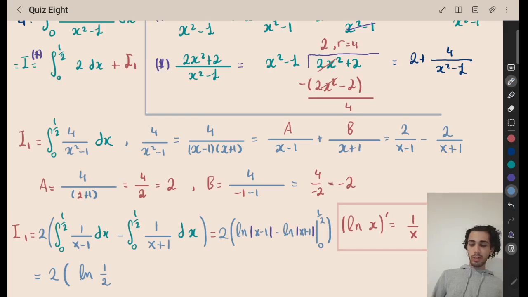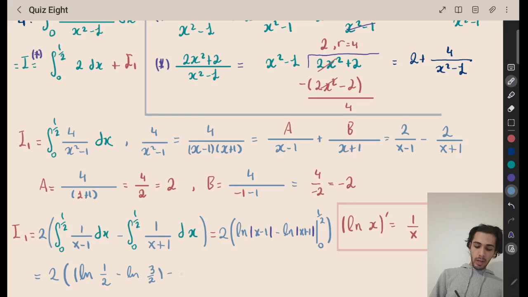The absolute value is just a half, minus ln of half plus 1, which is 3 over 2. So that is the first term.